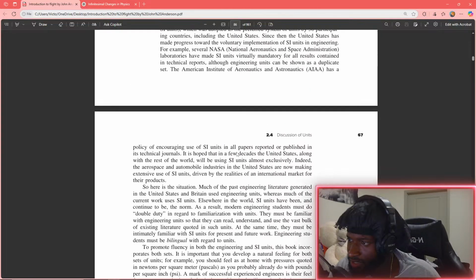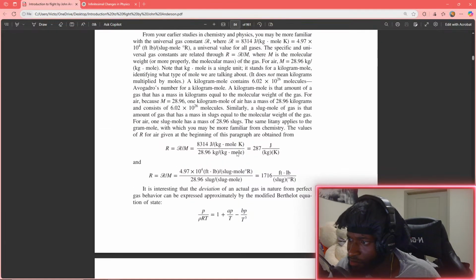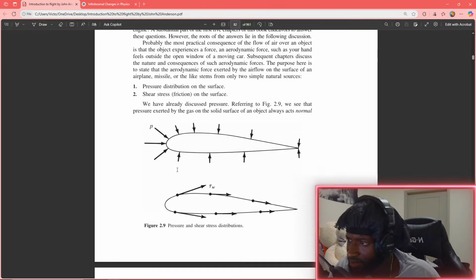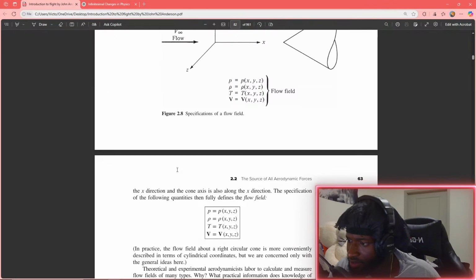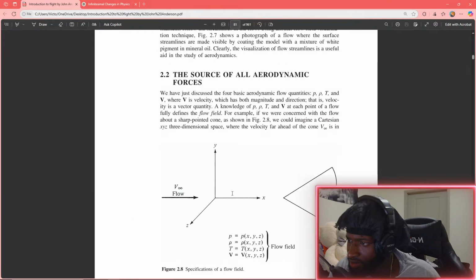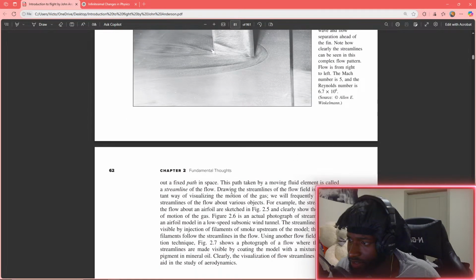When we first talked about the ideal gas law, somewhere. If I can find it.